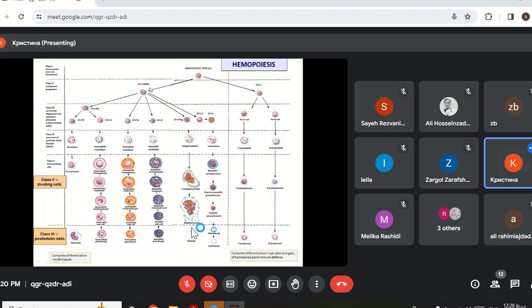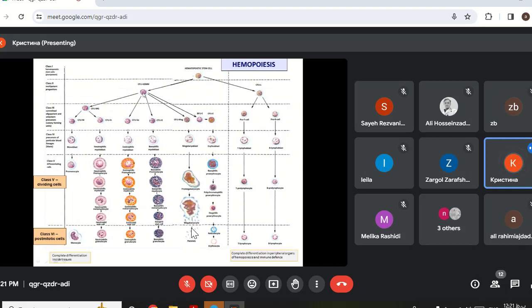Then it divides and can become either this one, a multipotent progenitor, or this one. These are the cells of class 2, multipotent progenitor cells.